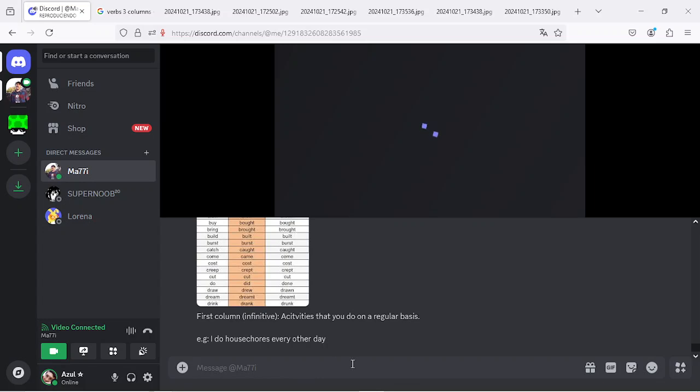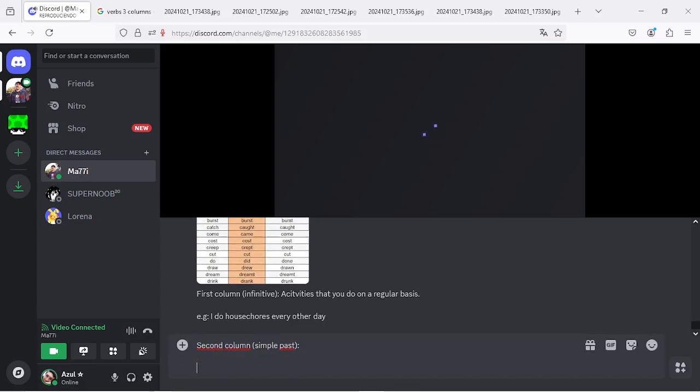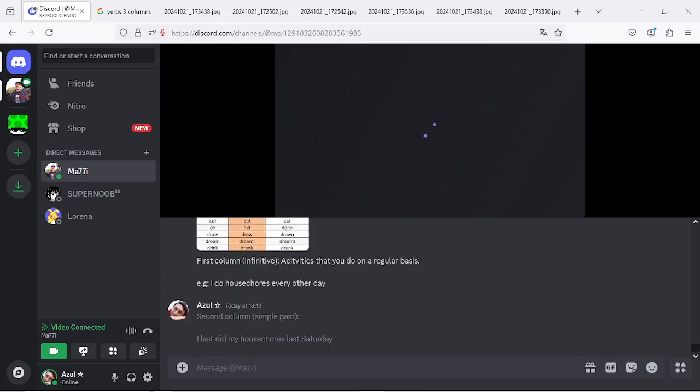Then the second column is simple past. So for example, you have I did my house chores, or I last did my house chores 3 days ago, I don't know. Or last Saturday, for example. La última vez que hice tareas del hogar fue el sábado pasado.